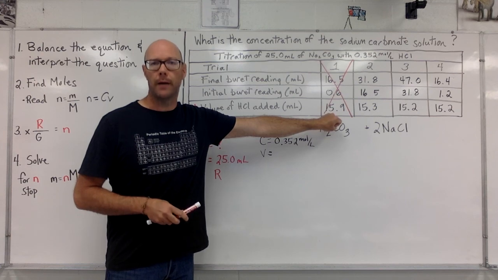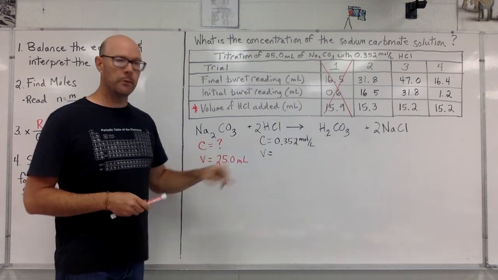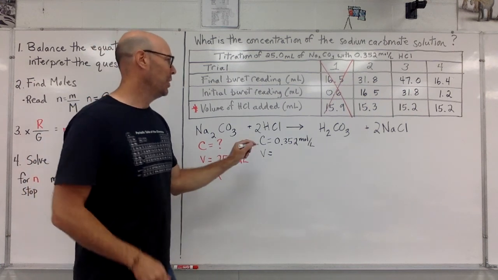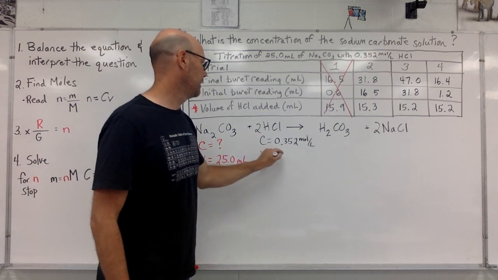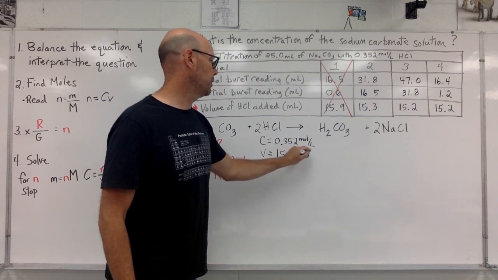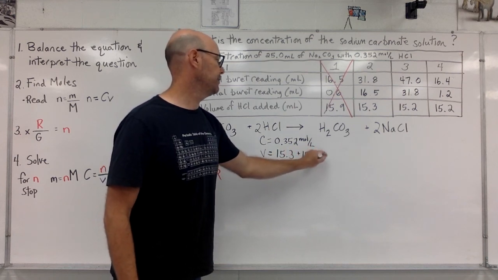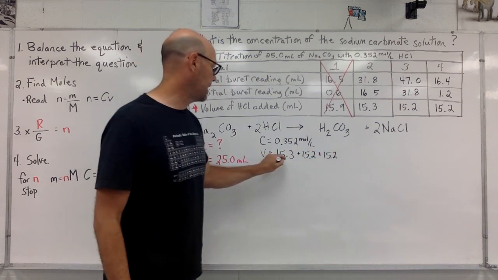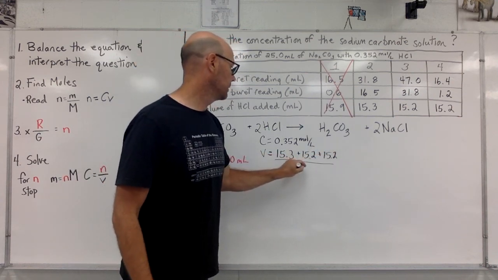It's going to be too high. So this volume is going to be the average of the 3 good trials, which is 15.3 plus 15.2 plus 15.2. Add the three trials together and divide by 3.